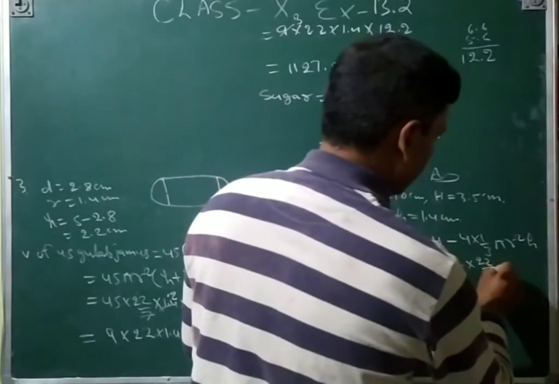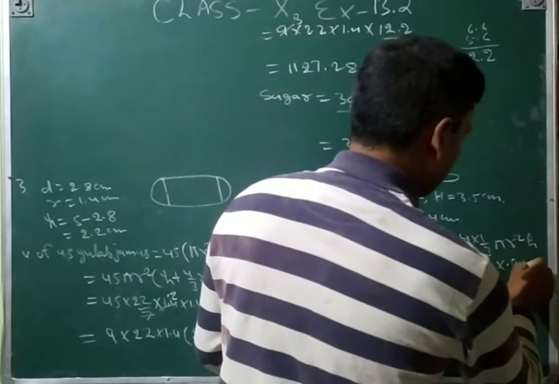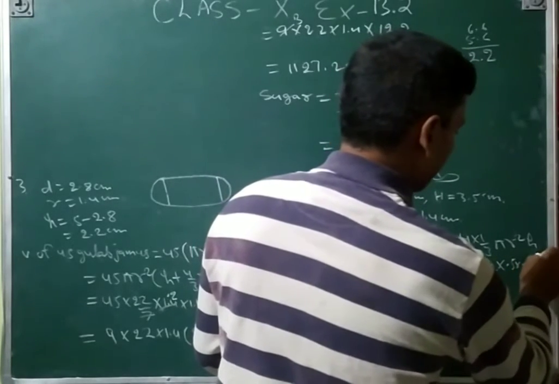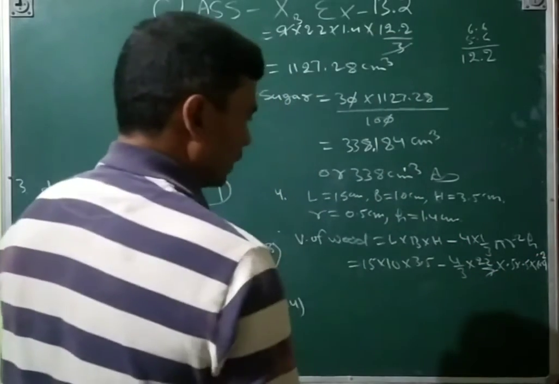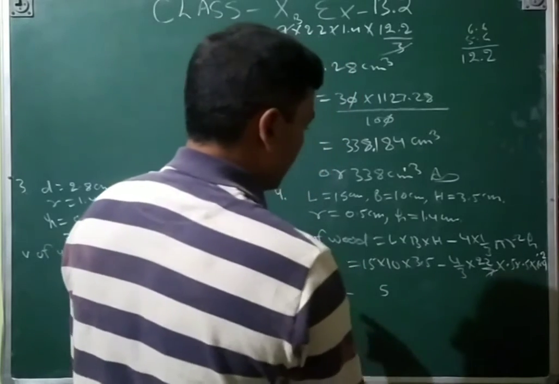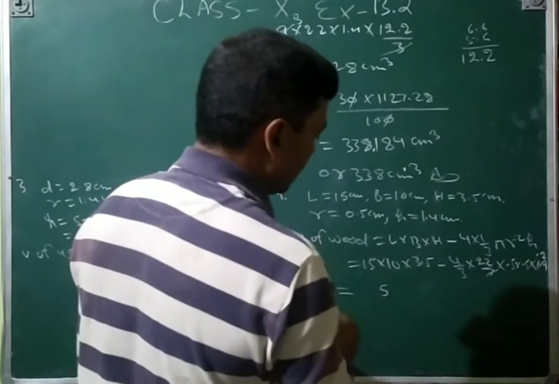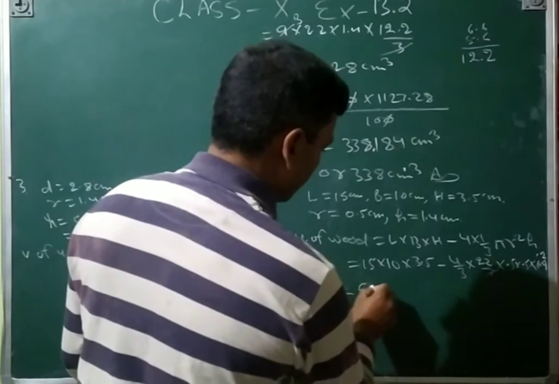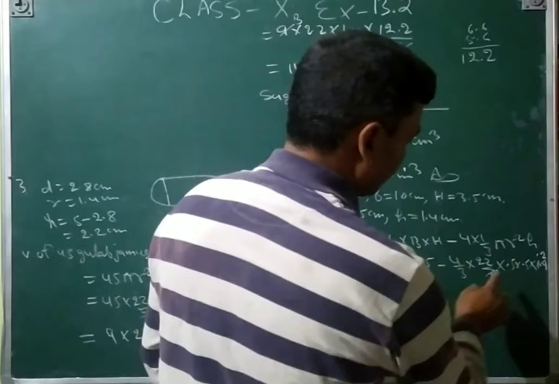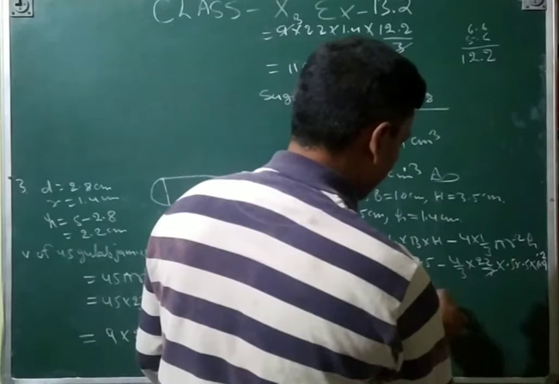So 22 upon 7 into r, which is 0.5, squared, into 1.4. So 7 twos are 14, and that will be 15 fives are 75 and then carry is 7, 15 threes are 45, 52. That is 525, and then minus the multiplication of these two, 4 upon 3.